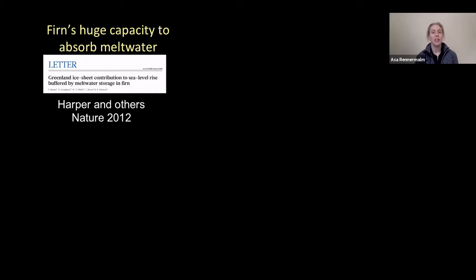In their study, they did some calculations to estimate the capacity of firn, since it's a porous medium, to absorb increased melting through the 21st century. And in this paper, they show that the firn has the potential to buffer sea level rise for decades, which sounds amazing. It's like this giant sponge that could just soak up the meltwater.